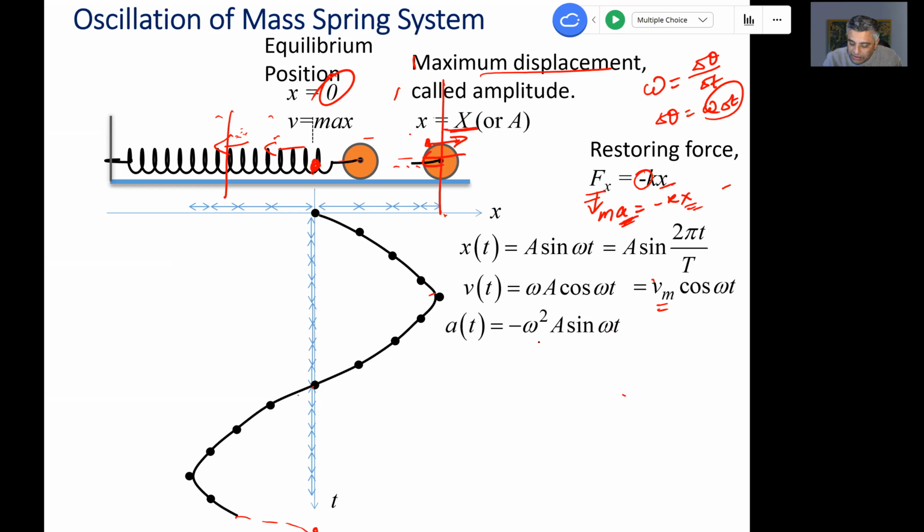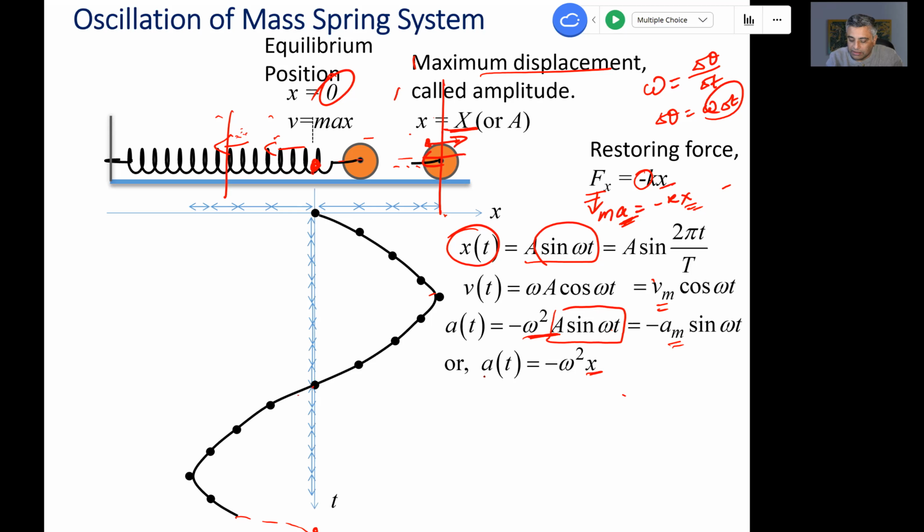And the equation is this, and this is going to be the maximum value of acceleration, okay? A_m is just omega squared times A. Since A times sine omega t is the same as x, we can write that as a equals negative omega squared x.